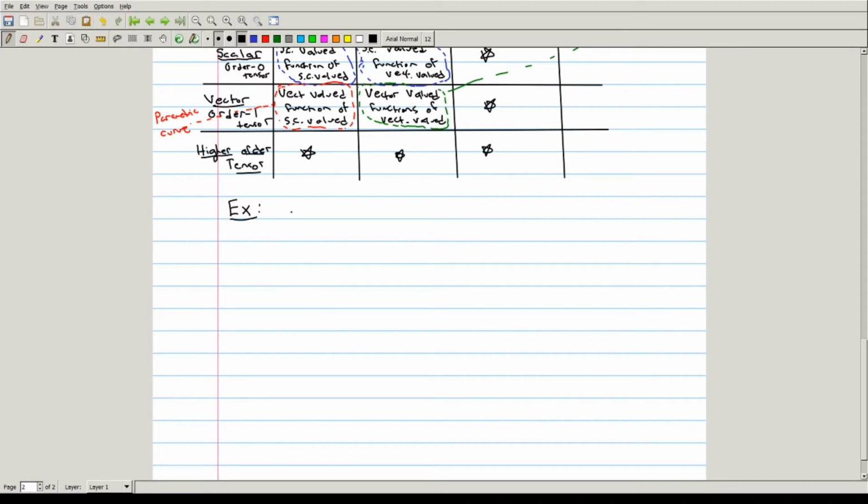So the first example that I want to consider is Maxwell's equations for dielectrics.